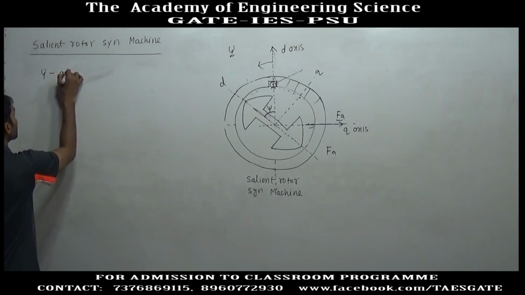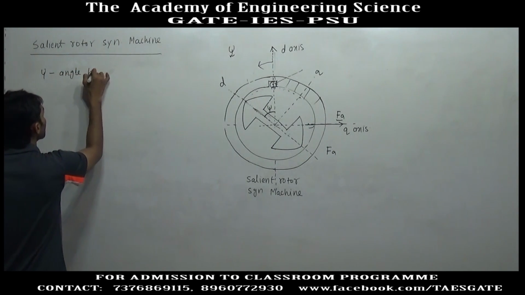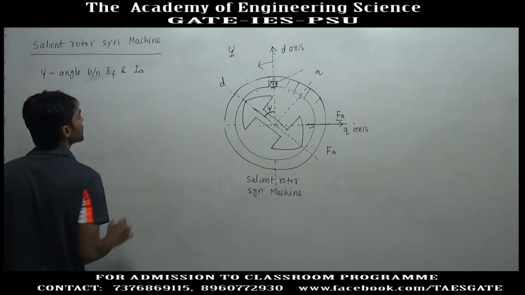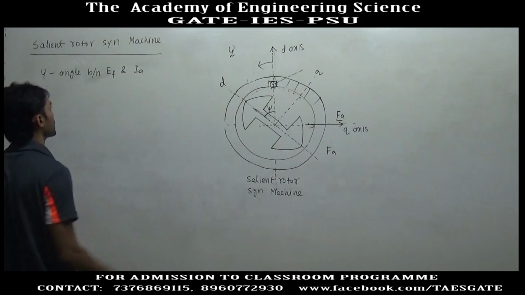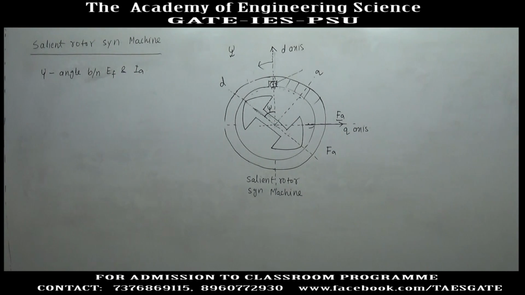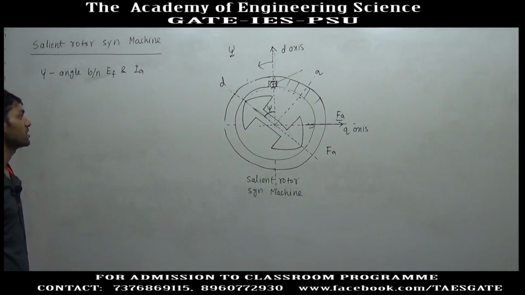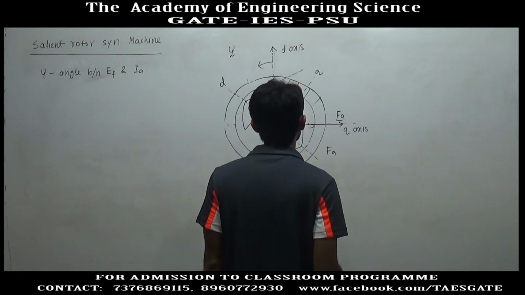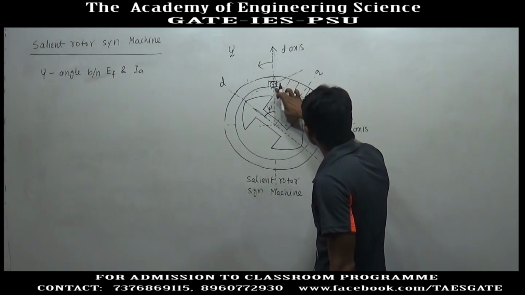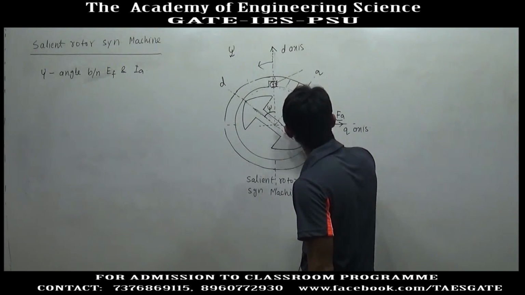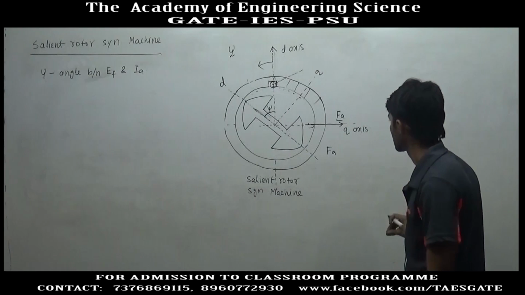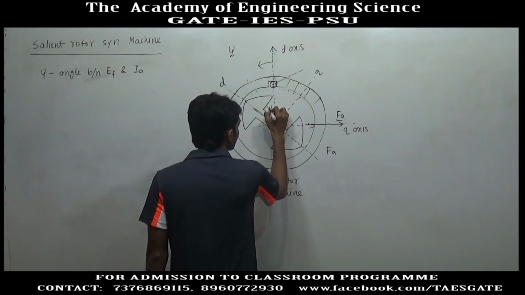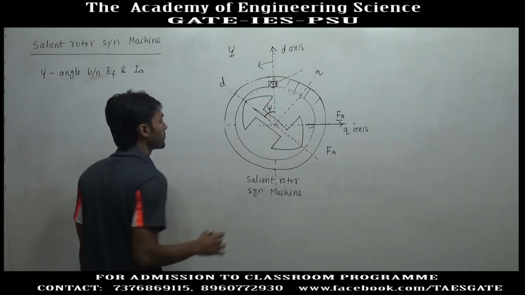Psi is the angle between maximum EF and maximum armature current, and that is the phase difference between EF and IA. So, in this position this armature MMF is maximum, but this angle phi is different for different load.